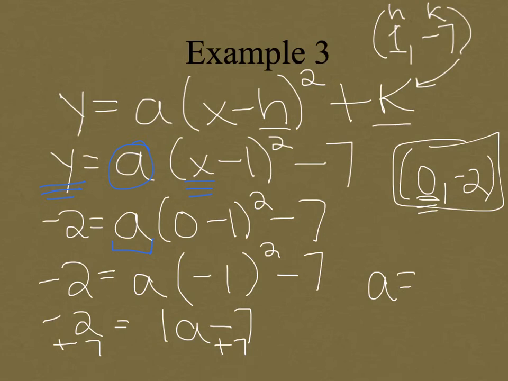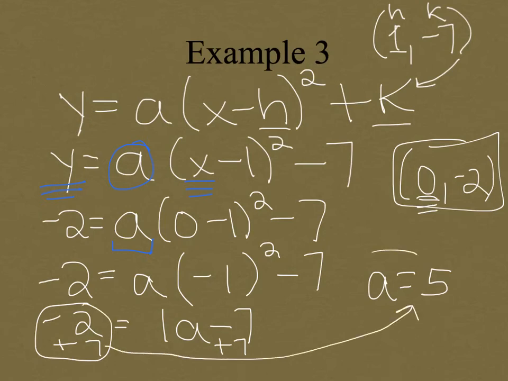So I end up with a equals 5. I added 7 and -2, which gave me a value of a equal to 5. I am not quite done writing my equation. I'm done with all the algebra required, but I'm running out of room on this slide, so I'm going to go ahead and write out the equation on the next slide.